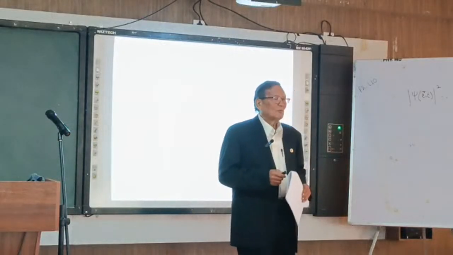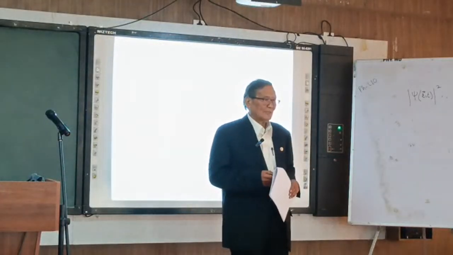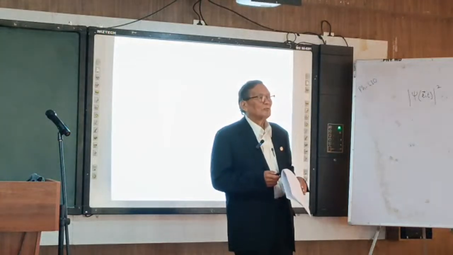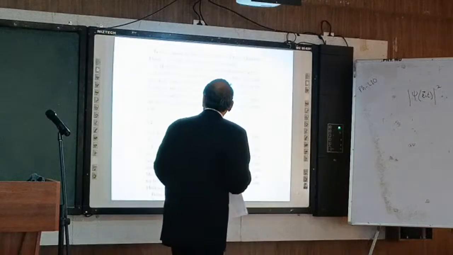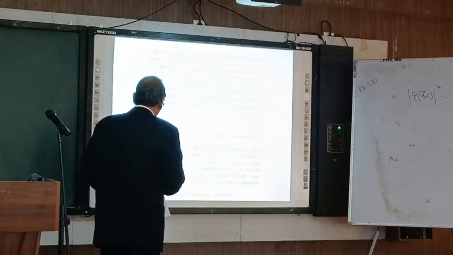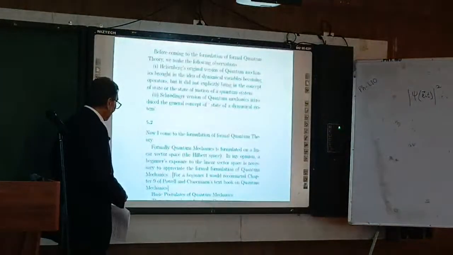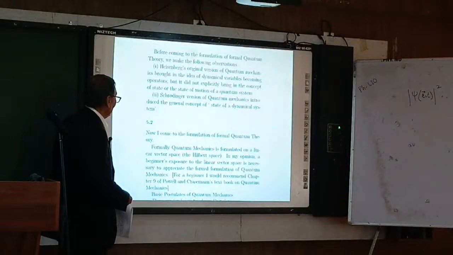Quantum mechanics is formally formulated in a linear vector space. We cannot avoid this language of the vector space. And now I come to the basic postulates of quantum mechanics.